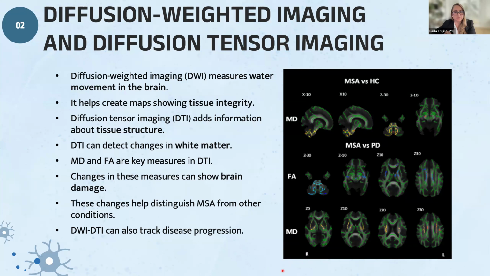Changes in these diffusion patterns, particularly lower values of fractional anisotropy, or FA, or higher values of a metric called mean diffusivity, or MD, could indicate disruptions of these pathways, suggesting damage or degeneration. And by providing insights into the integrity of the white matter tracts, diffusion imaging could assist in diagnosing MSA and also monitor disease progression over time.